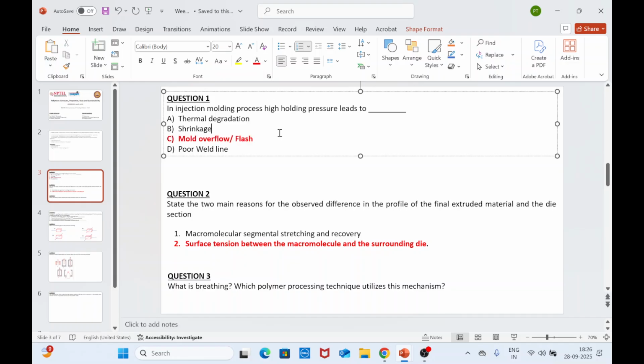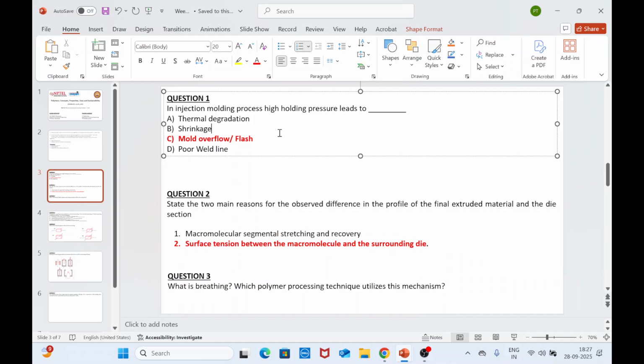In case of low pressure, the plastic product you get is going to shrink in size. Thermal degradation will happen if the temperature is high. If the temperature is very low, then as we discussed, at low temperature viscosity is going to be, sorry, viscosity is going to be high.